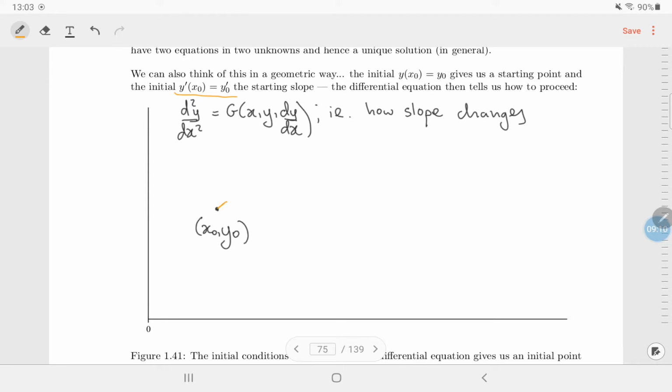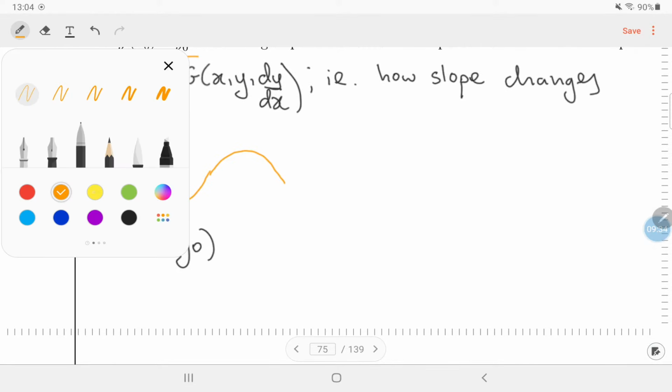So we know that. But then the differential equation says what's happening with the slope. If the second derivative is positive, it means that the slope is getting bigger. If the second derivative goes negative, that means the slope gets smaller, going from positive maybe to 0 to negative. This helps you understand the shape of the graph in terms of the second derivative. Maybe we'll zoom in and write down some things.